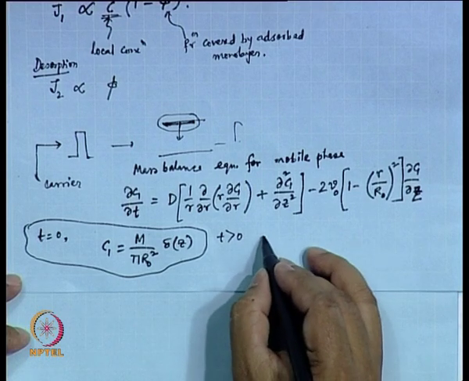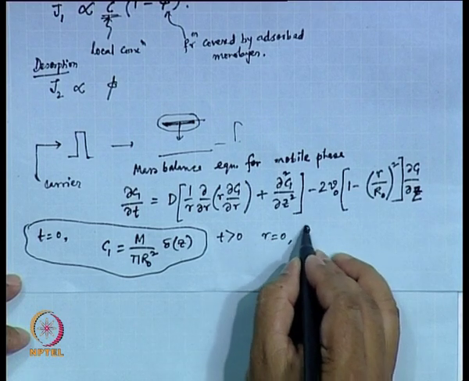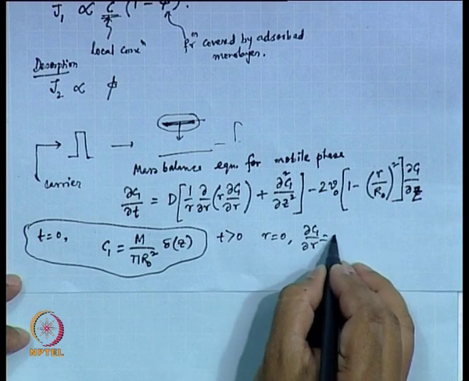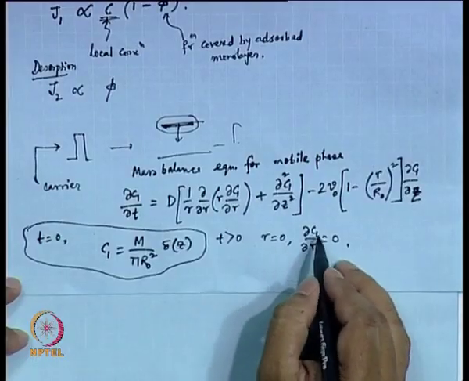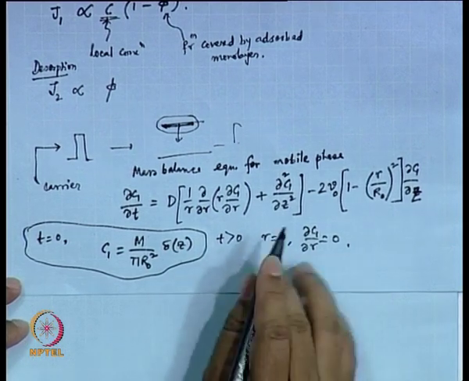And for t greater than 0 at r equal to 0, symmetry has to be there. I mean, you have not done anything. If you have a channel of circular cross section and you have coated the wall uniformly, then you have no reason to believe that symmetry has been sacrificed. So, at r equal to 0, del C1 del r would be equal to 0, that is known.